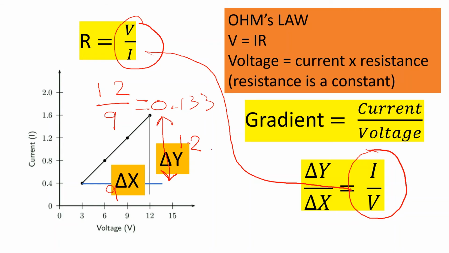To flip the fraction upside down, we need to do 1 divided by 0.133 recurring, and then you should get R as 7.5. So R is equal to 7.5 ohms.